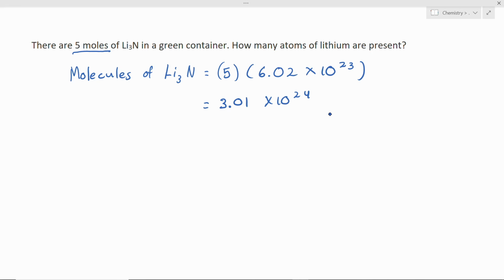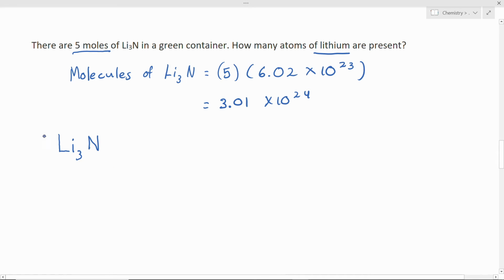However, the question wants to know how many atoms of lithium are present, not lithium nitride. So we just need lithium. When we look at the chemical formula for lithium nitride, Li3N, we can see that there are 3 atoms of lithium for every 1 atom of nitrogen.